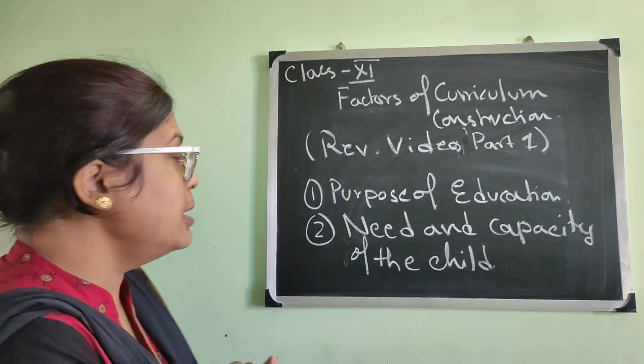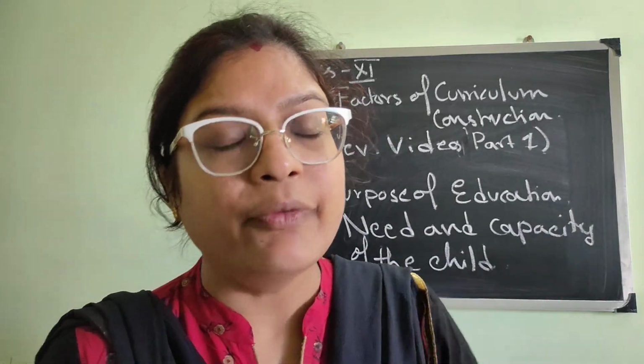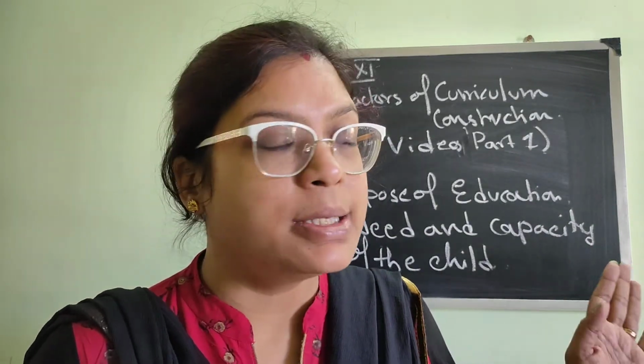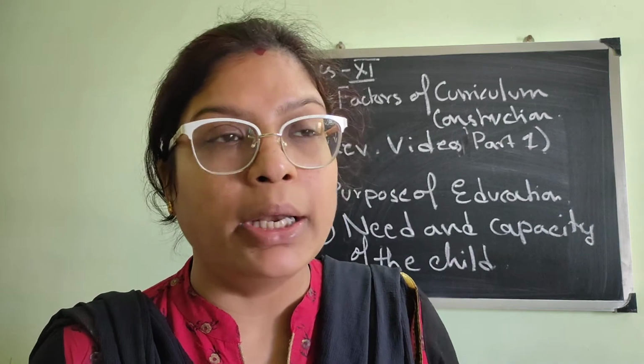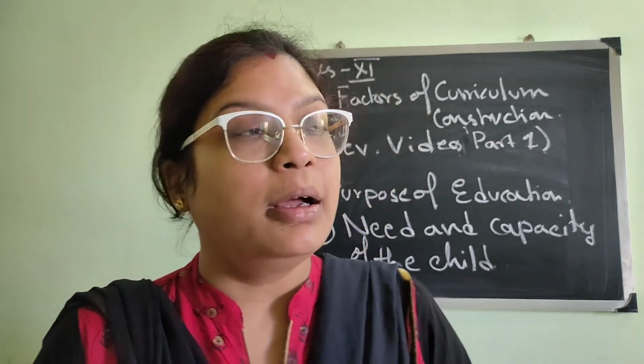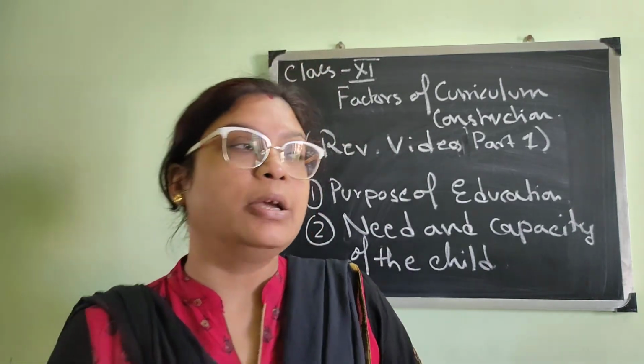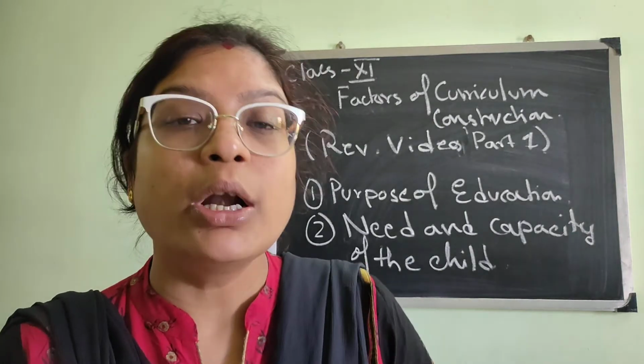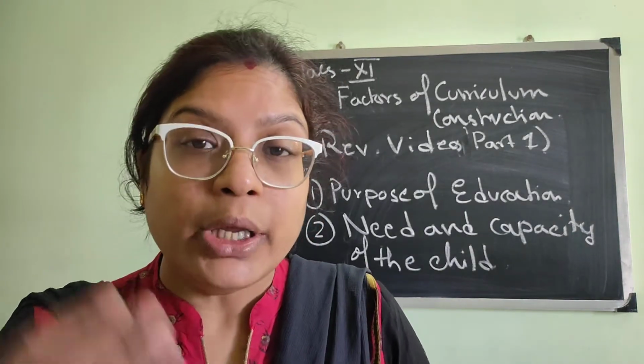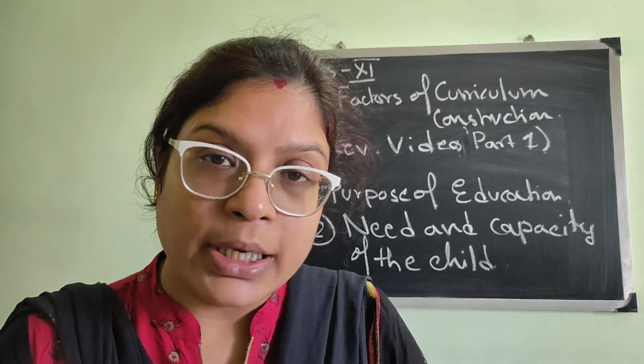The next point is the need and capacity of the child. See, it is quite linked with the previous one, where we discussed the mind, body, and soul of the individual. Here we are discussing the need and capacity of the individual. Need means, see, what I need you don't need, maybe what you need some other people do not need, isn't it?